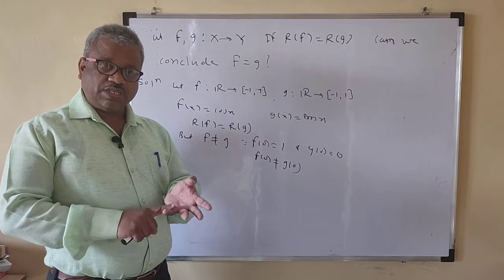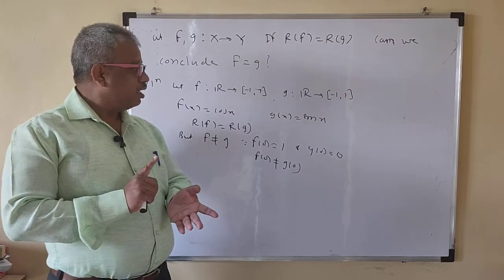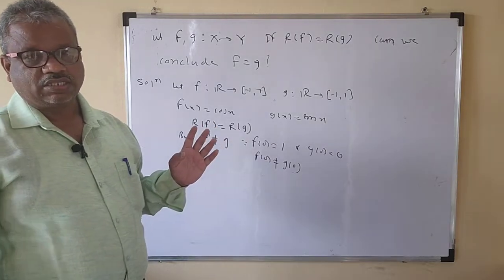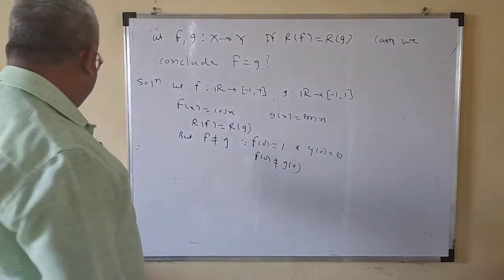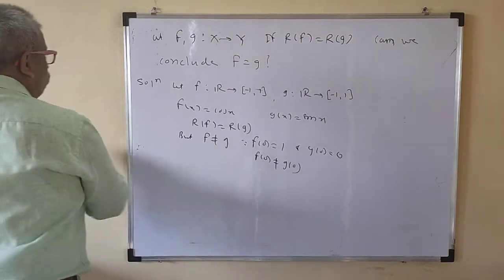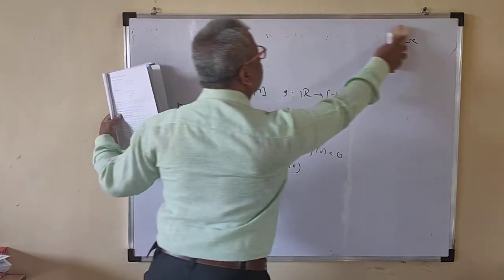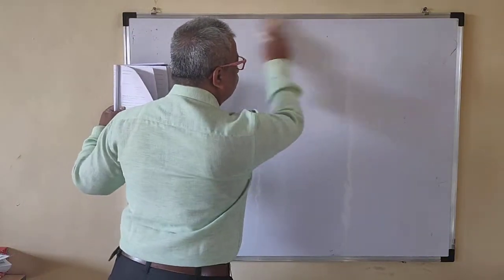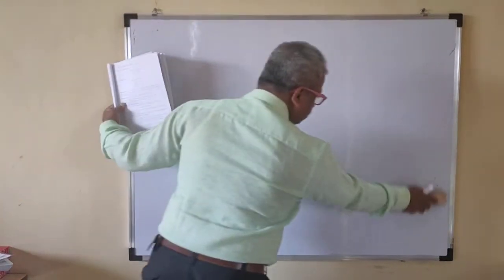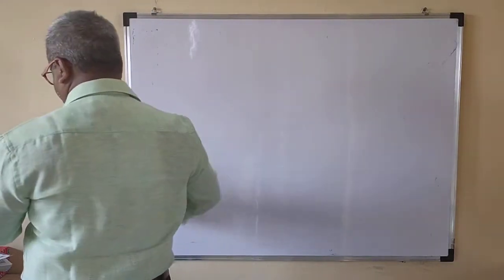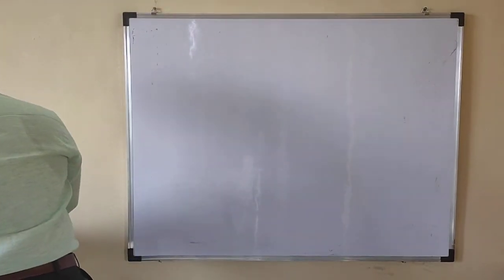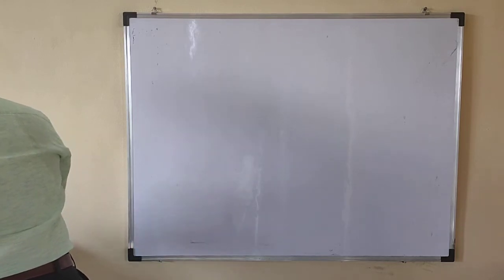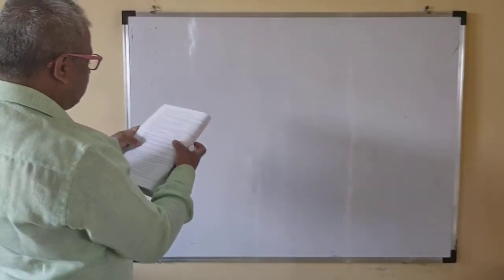Domains are the same, codomains are the same, and ranges are also the same, but these two functions are not the same. So this is a very nice example.